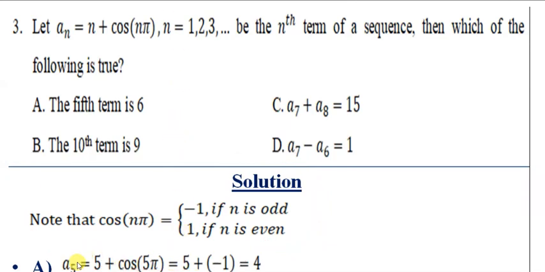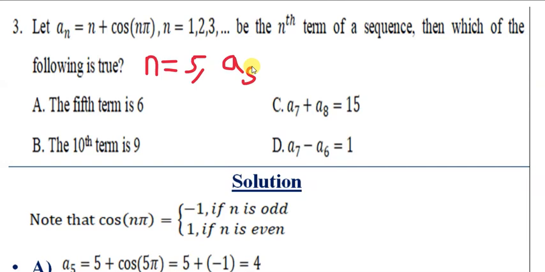What is the fifth term? Our n is equal to 5 in this case. What is a5 then?